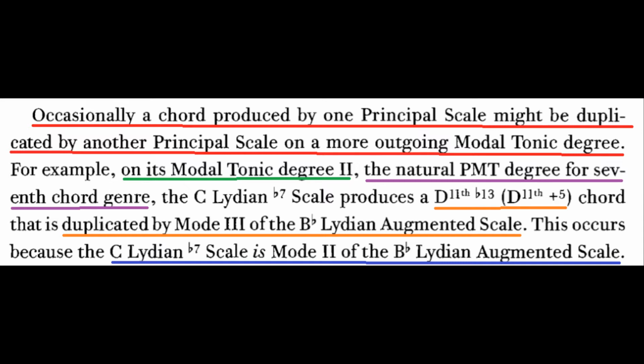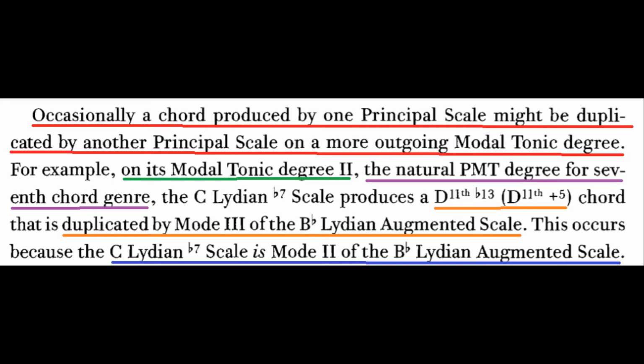For example, on its modal tonic degree 2, the natural PMT degree for 7th chord genera, the Lydian Flat 7 scale produces a D11 flat 13, which is a D11 sharp 5. A sharp 5 is a flat 13, but here they coincide, so like a duplication.